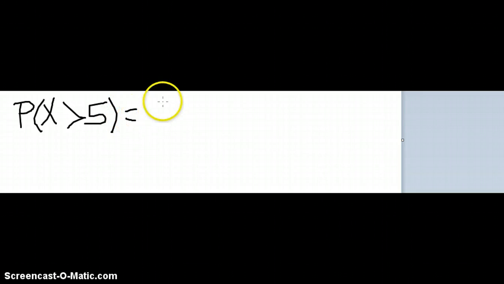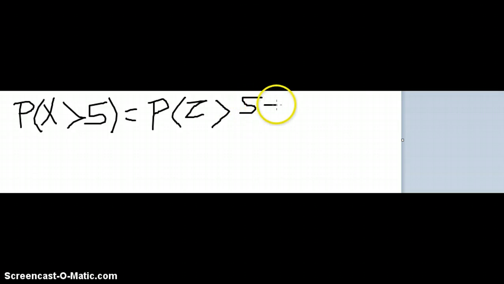What we want to do is get the z distribution. Another way of writing z is (x minus mu) over sigma. So if we're going to subtract mu and divide by sigma over here, we need to do the same on the right side, subtracting the mu, dividing by the sigma.